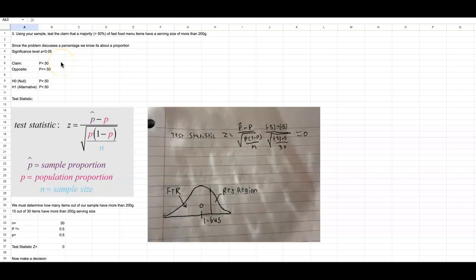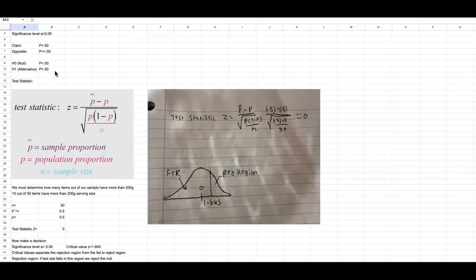And the opposite of that would be less than or equal to 50%. So since there's the equal sign in the opposite, that's going to be our null. And then our alternative will be the claim.